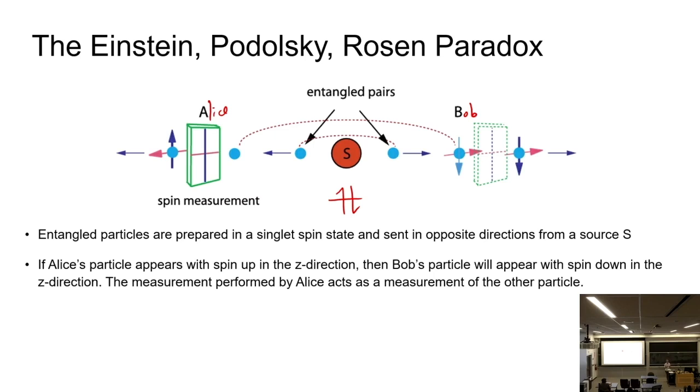After passing Alice's measuring apparatus, the particle appears with a quantized spin in the z direction with either spin up, which is what's shown in the figure, or spin down.